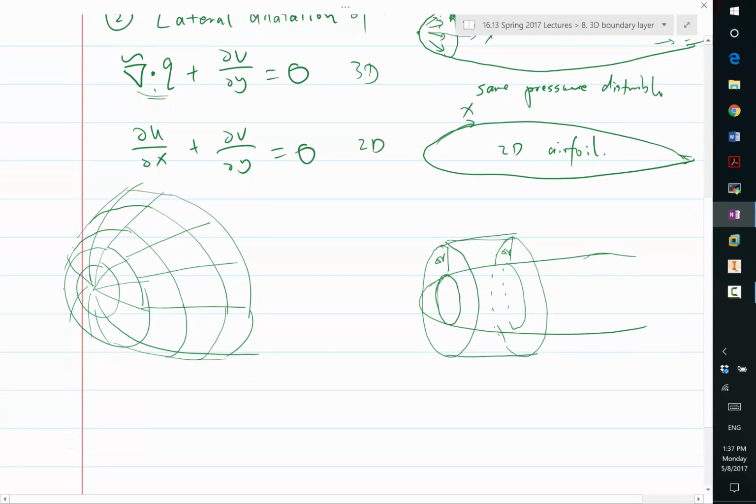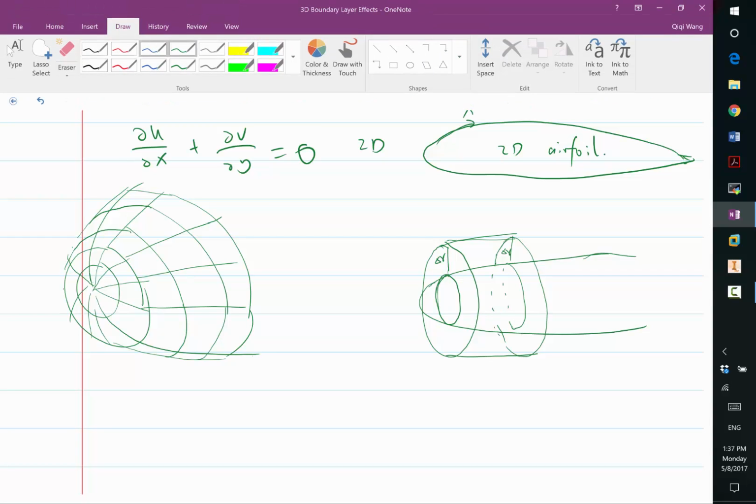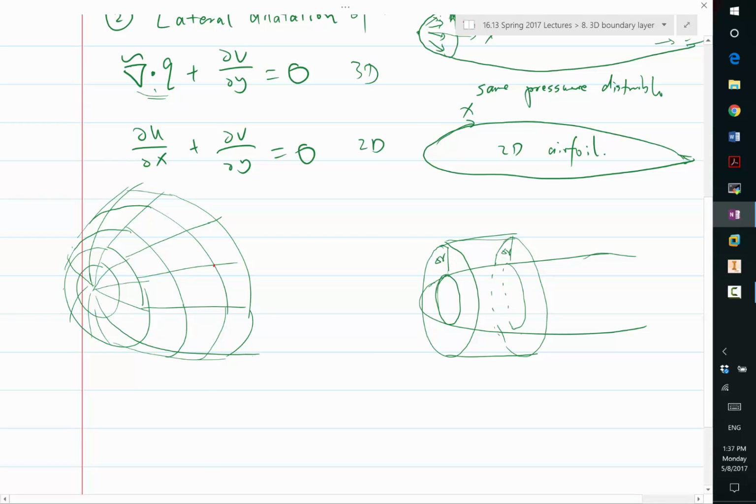And if you define a coordinate system that has to be always orthonormal, that means not only do they have to be orthogonal, but also the coordinates have to be of the same length. The dx and dz have to be the same. Then when you move in the x direction, your delta z now has to exceed what this is.